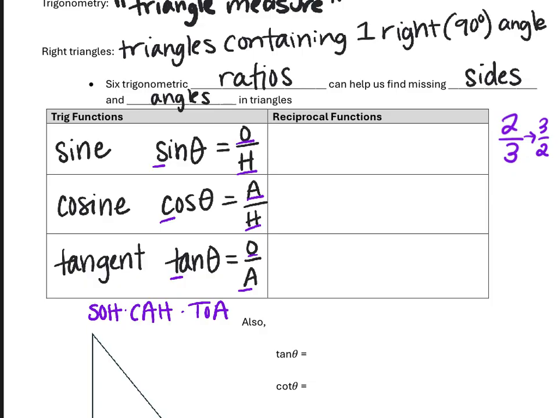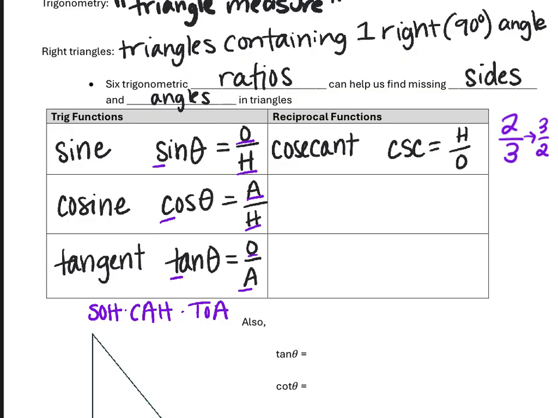The reciprocal of sine is called cosecant. Now this is weird because the cos don't go together. We have a cosine and we have a cosecant, but cosecant is the reciprocal of sine. It is abbreviated CSC, cosecant. So instead of opposite over hypotenuse, cosecant is hypotenuse over opposite. Do you see how we just took the reciprocal?